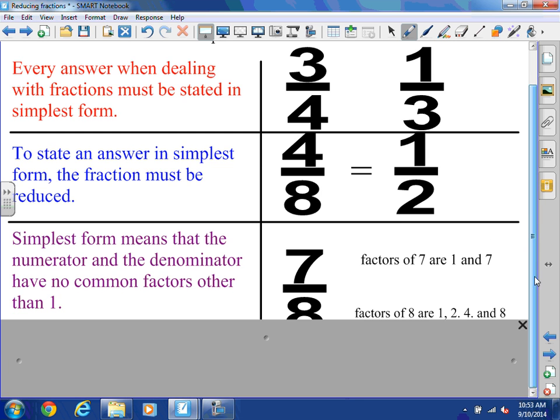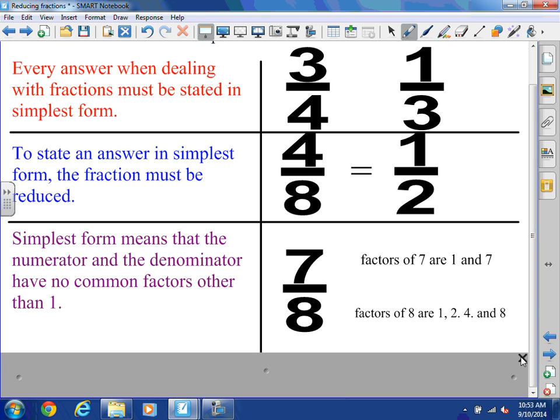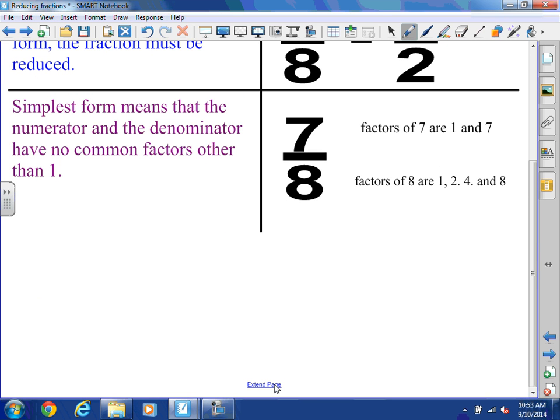Okay, now this one's important, so everybody pay attention as you read this last one, please. Ready? Read. Other than 1. Now that's important because 1 is a factor of every single number, correct? But when you talk about simplest form, let's look at 3/4 for just a second. What common factor do both of these numbers have? 3 is 1 times 3. 4 could be 1 times 4 and 2 times 2.